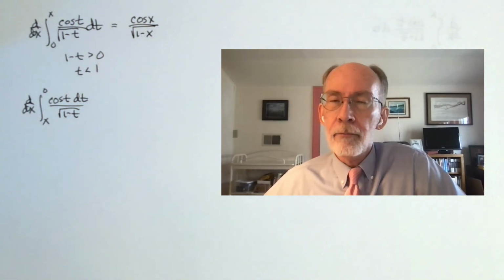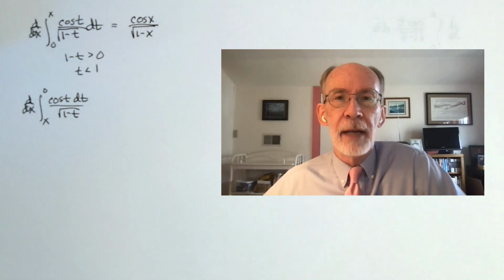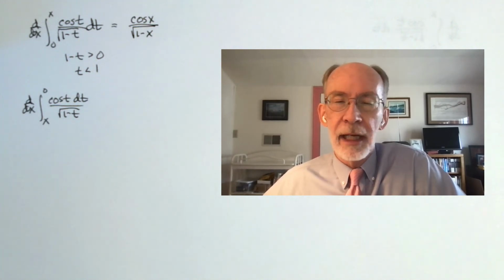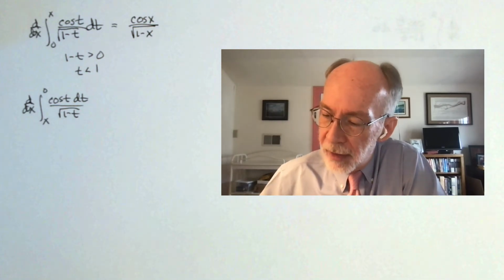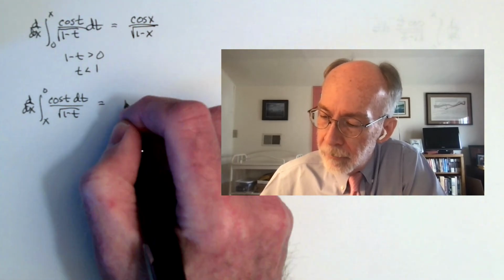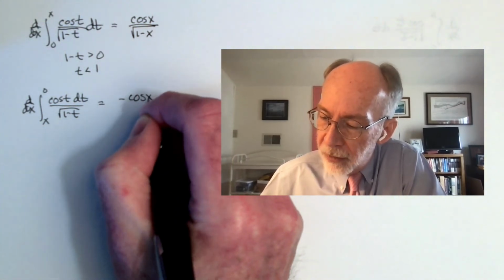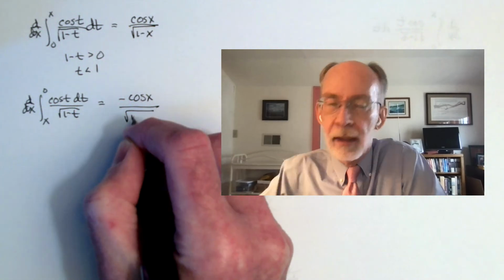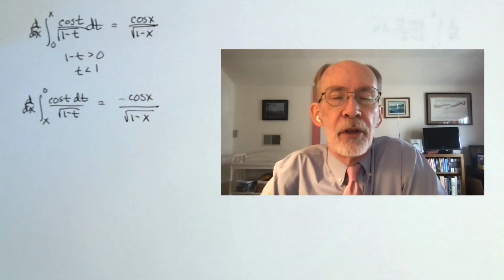So if I differentiate the opposite of something, I should get the opposite of the derivative of the something. So all I need to do is slap a negative sign in front of the result we just got.